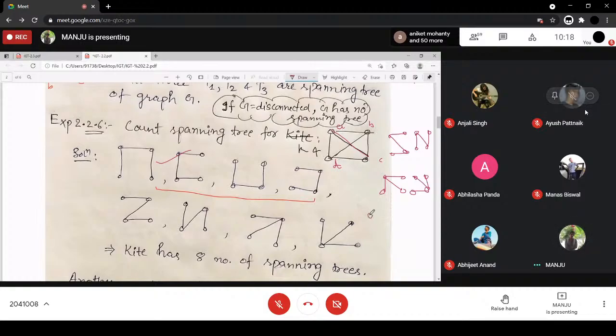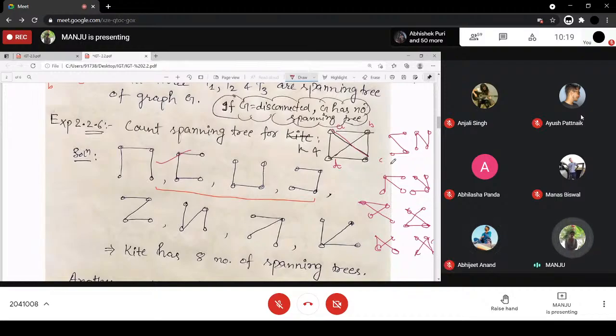DBAC, this one. ACDB, this one. And BDAC, this one. And ACBD. Clear?